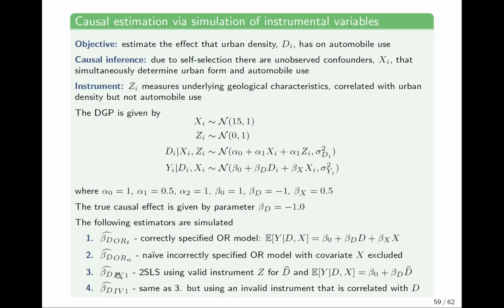Finally, we look at two IV estimators. One, two-stage least squares using a valid instrument that satisfies the two conditions, and we plug it into the second stage regression. And secondly, also two-stage least squares, but this time using an invalid instrument that has correlation with the endogenous covariate, the treatment D, and according to theory, that should give us a bad answer.